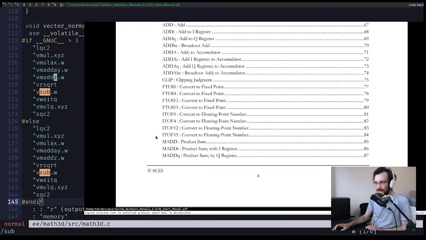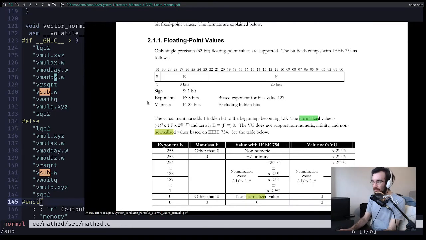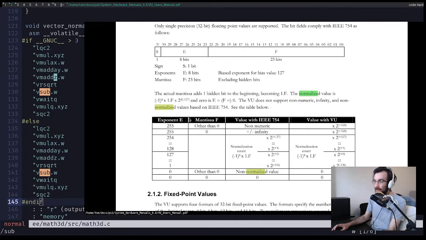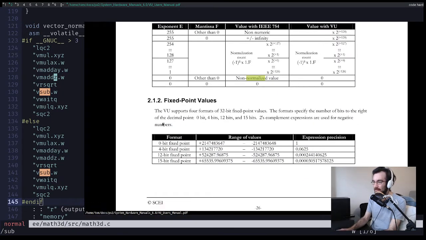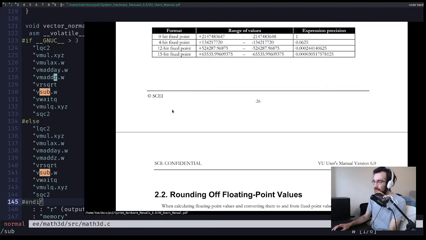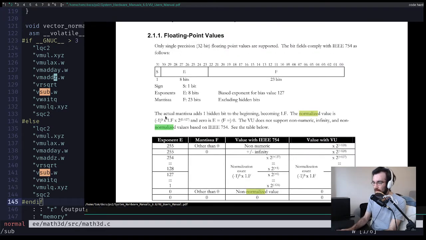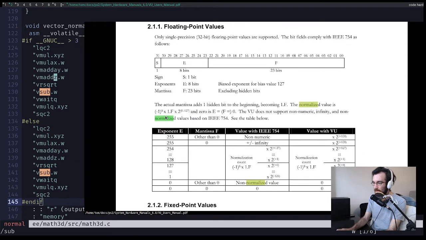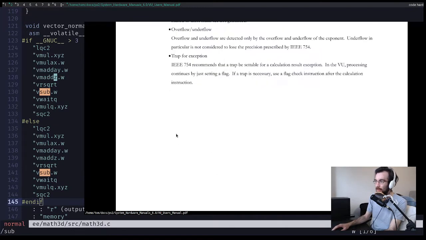Because this stuff is all just component by component. So normalize dot. Oh no, floating point values. Normalize dot value. Blah blah blah. Non-normalized value. That's cool. Normalize. Can we just like scroll on a little? Infinity non-normalized number.